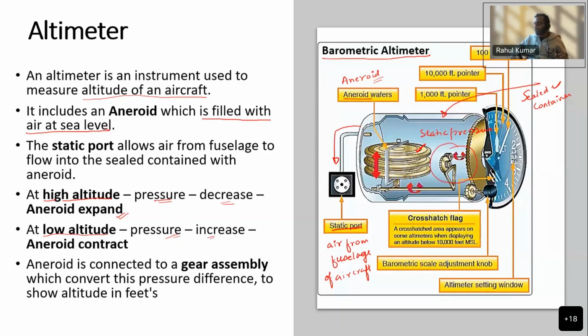So it will drive a needle on the dial panel, and it will tell you the altitude of the aircraft in feet.